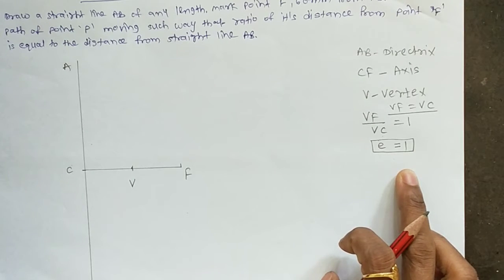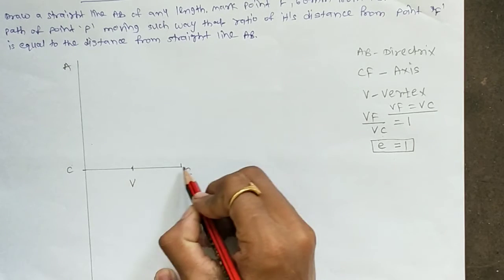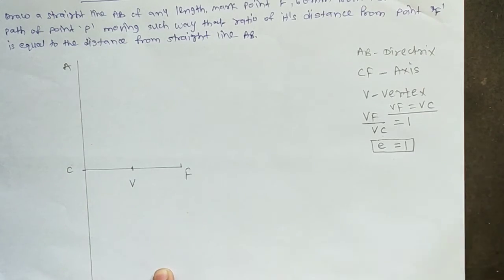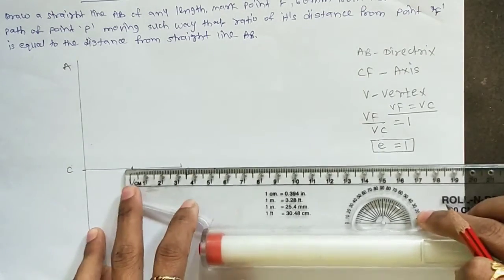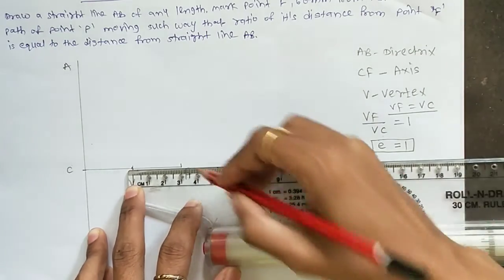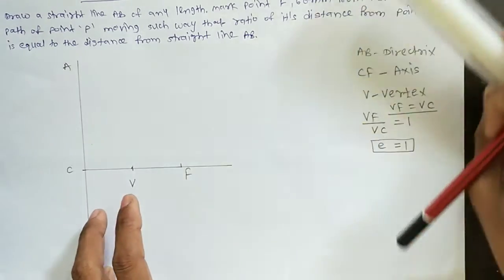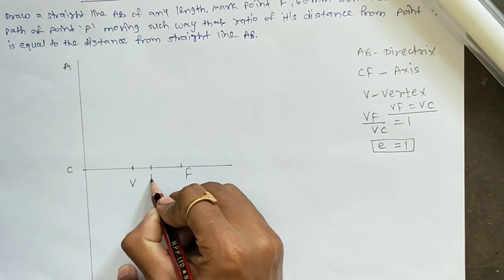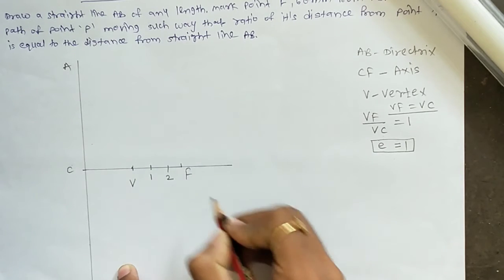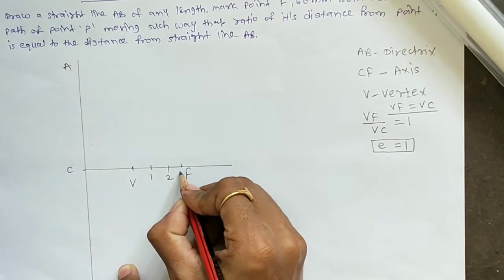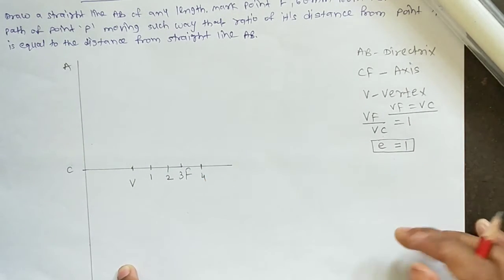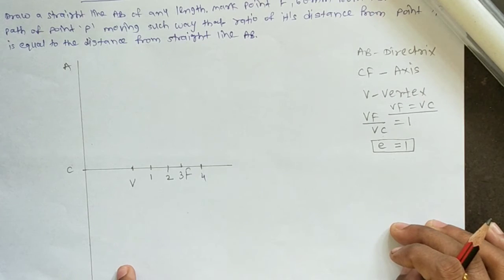Then next task is divide this VF line into equal number of parts. You can extend this line and take 4 points at any distance. So I will take, this is point 1, this is point 2, at F this is point 3, and here I will take point 4 at any distance.